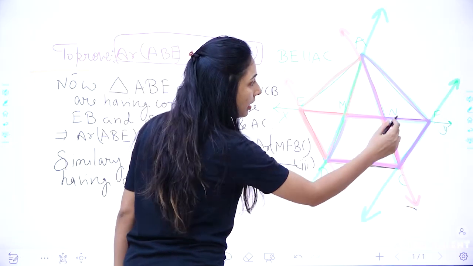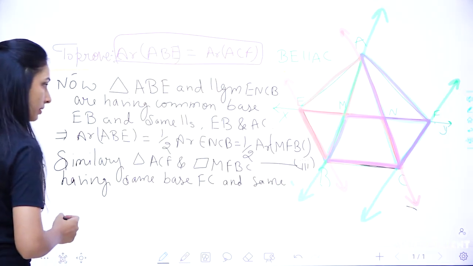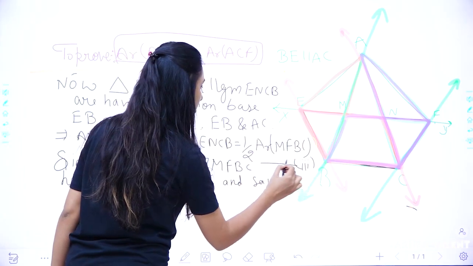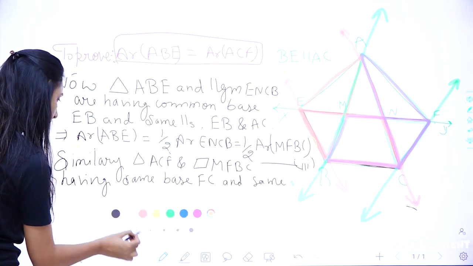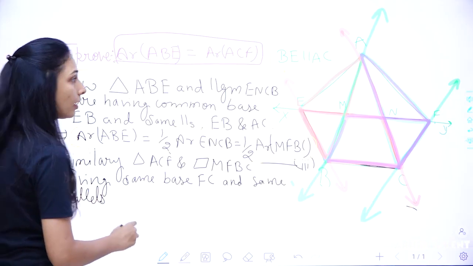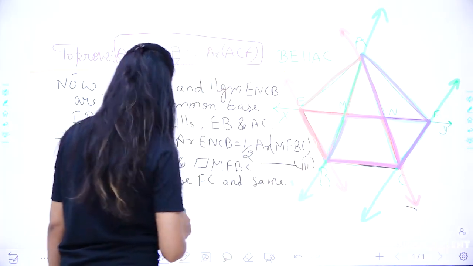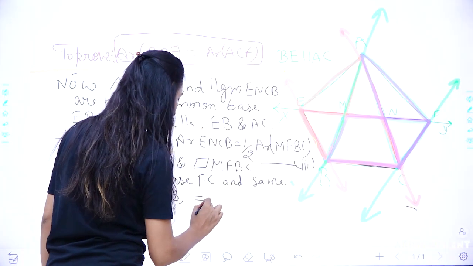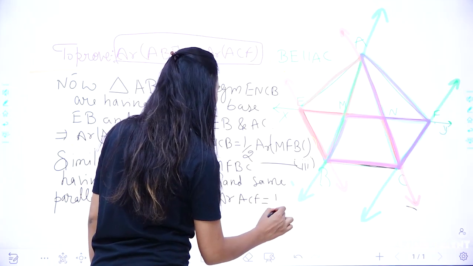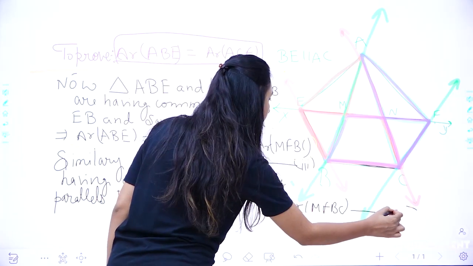The same base is FC and same parallels. The same parallels are, the first is FC and the second is AB. This implies that area of ACF is equals to half of area of MFBC. Okay, and this is the fourth one.